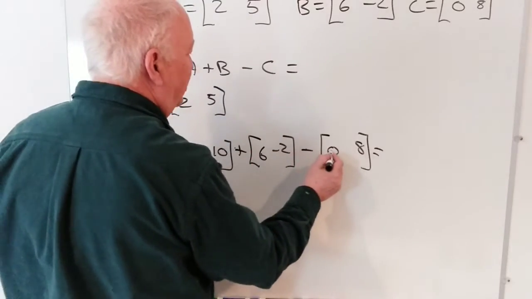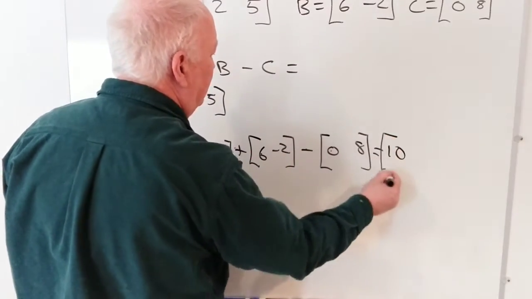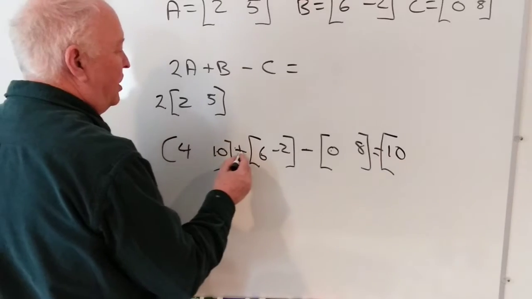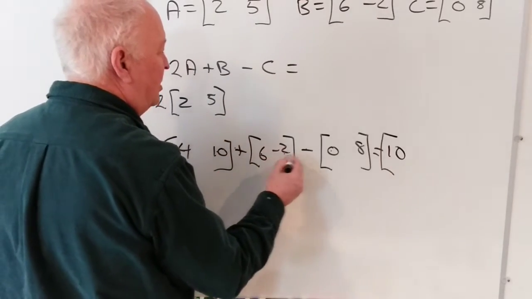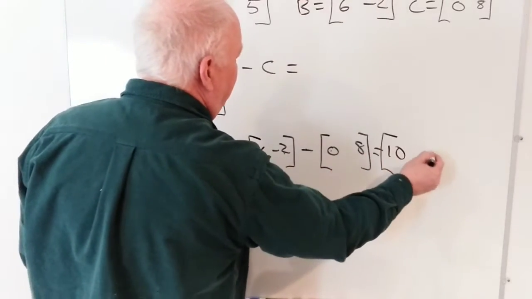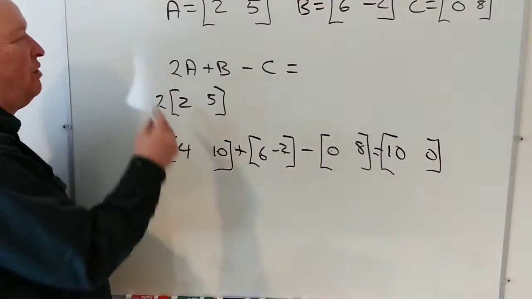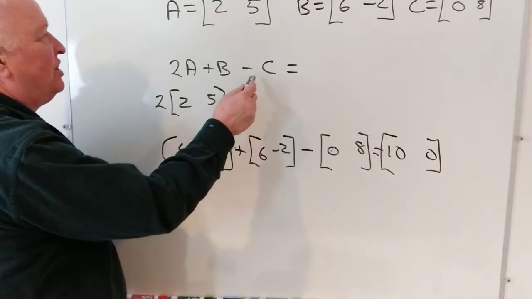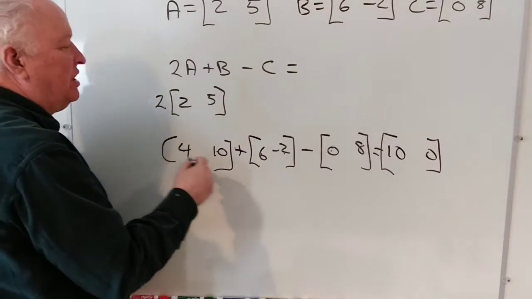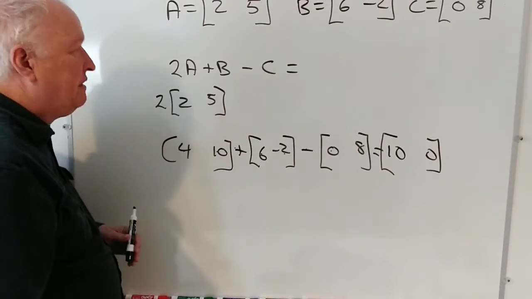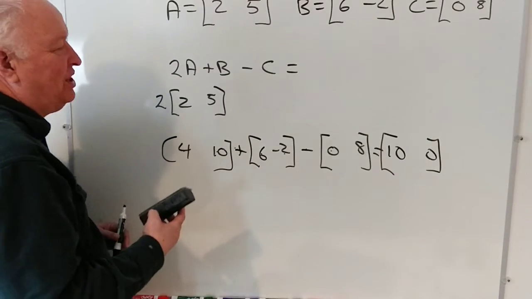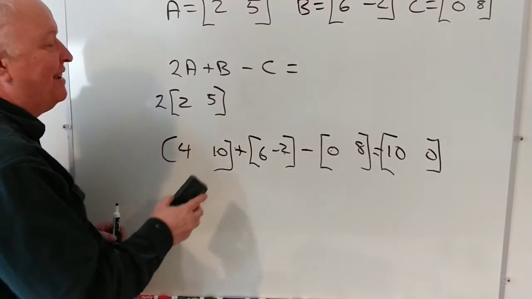Minus 0 is 10. And 10 plus negative 2 is 8. Minus 8 is 0. And so that's how we can have expressions built using matrices. I'm using simple matrices simply to save us a lot of time and writing on the board.